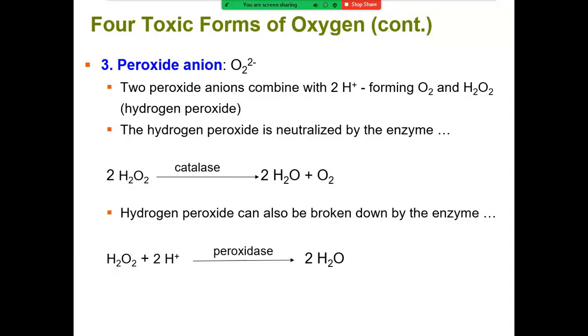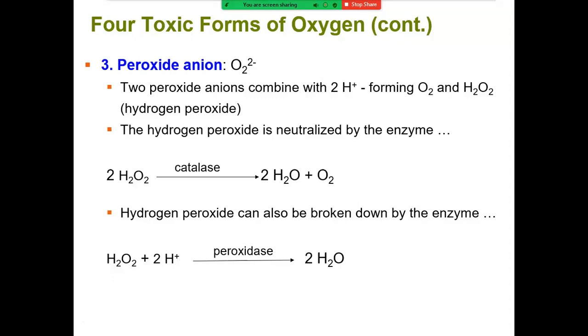There is another enzyme which can convert hydrogen peroxide into water, and that's peroxidase. If the organism lives in the air, it must have the enzyme catalase or peroxidase, or potentially both.